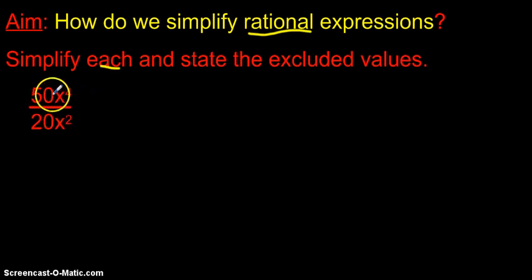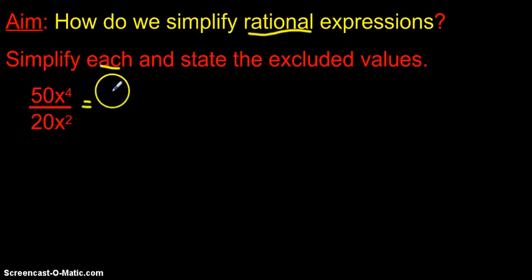These two, the numerator and denominator, have a GCF of 20x squared. So this can be written as 20x squared times, not 20x squared, 10x squared.